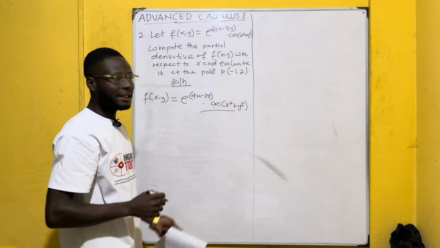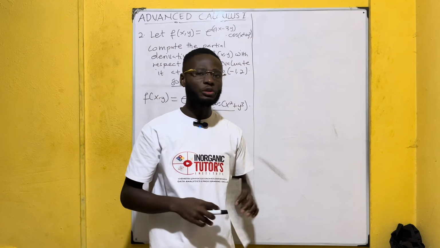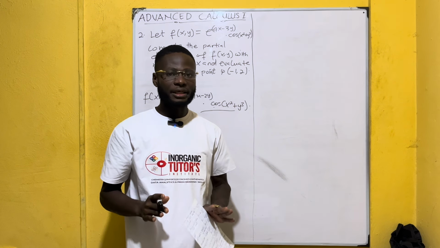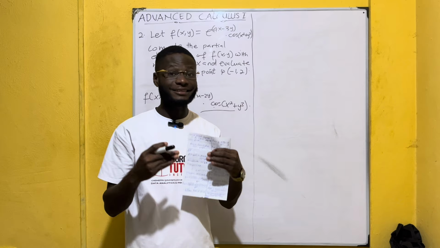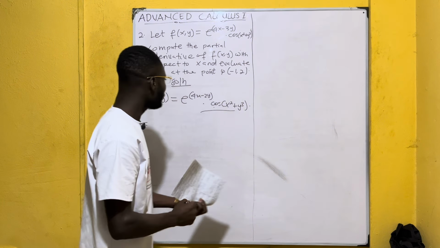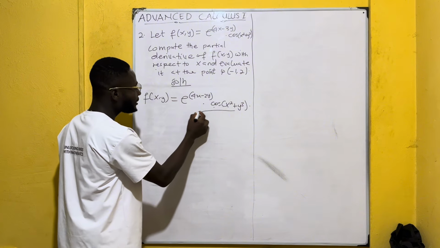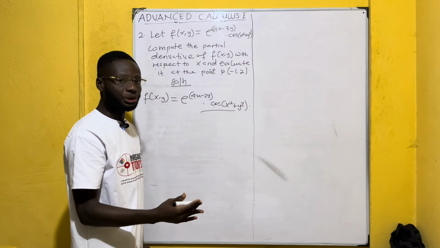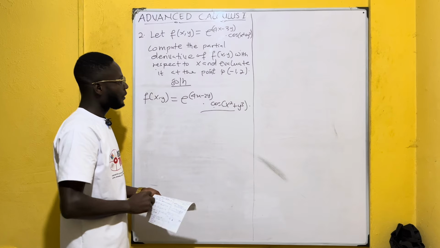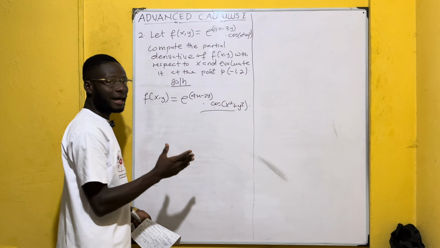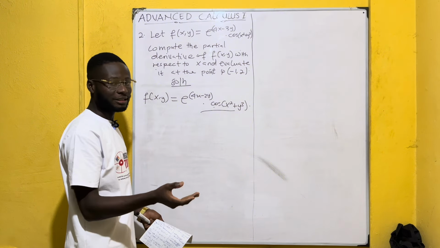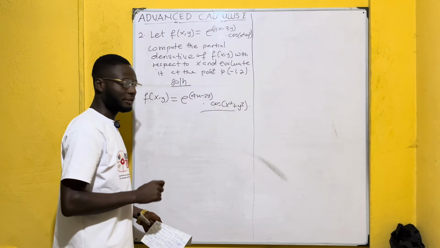Now remember, the product rule says that we use it basically when we have two functions that are stacked together. We always let one function represent u and the other function represent v.